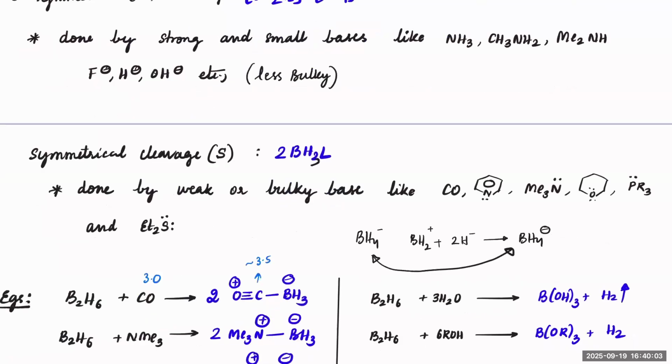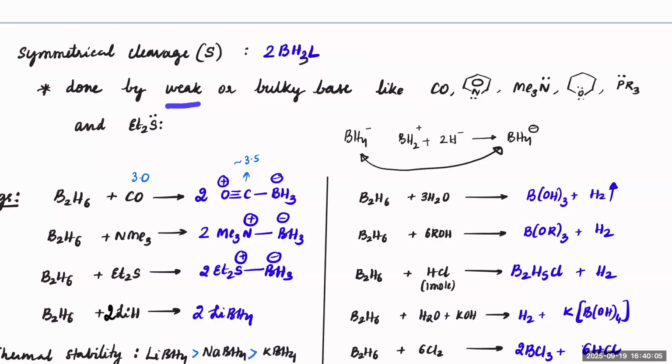But if you have a weak or bulky base, either it has to be weak, like carbon monoxide, a very, very weak base, or you can see pyridine, although nitrogen is smaller, because it is in a cyclic structure, it is bulkier now. Trimethylamine, very bulky. Oxygen in a cyclic structure, bulkier.